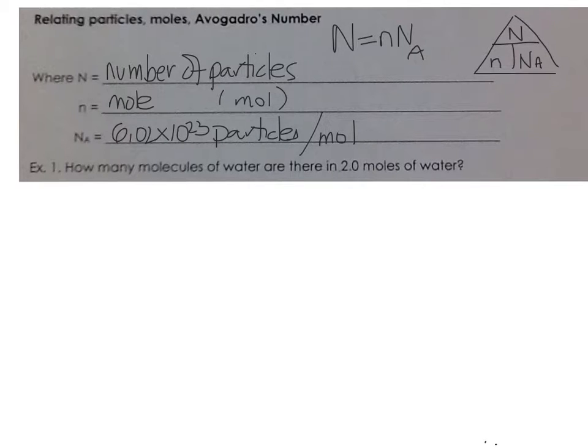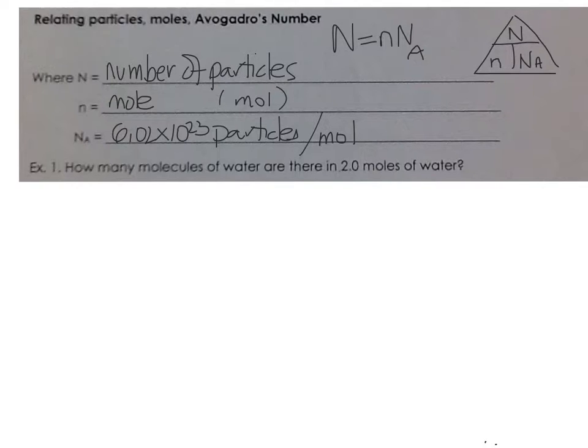For a magic triangle, you cover up the letter you're trying to find, and the remaining two letters tell you the math to do. What math do you do when you have two numbers beside each other? Multiply.